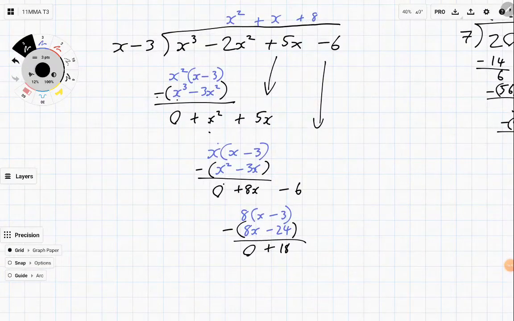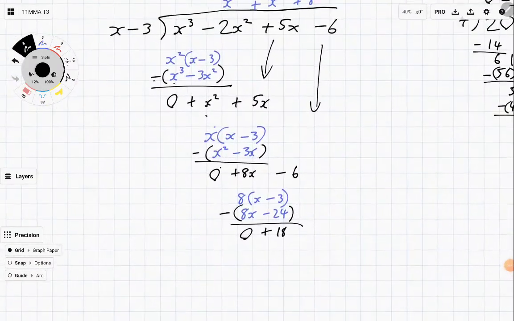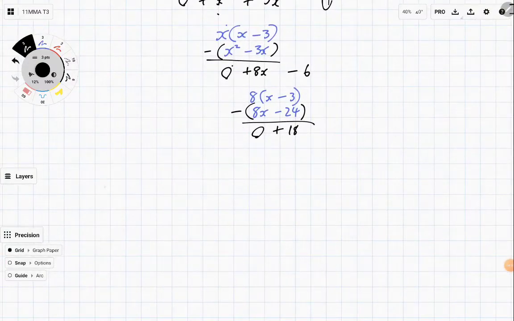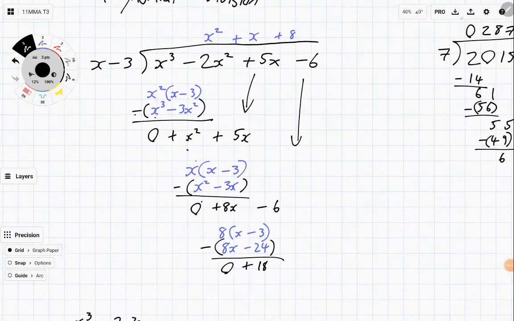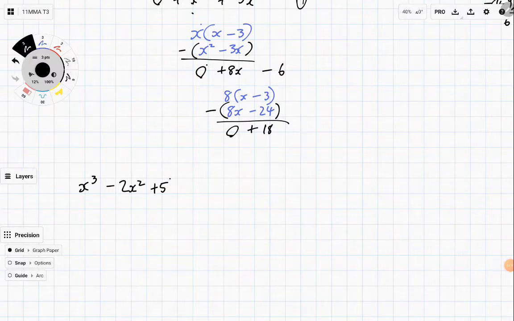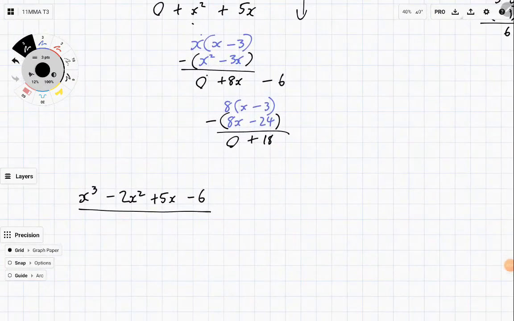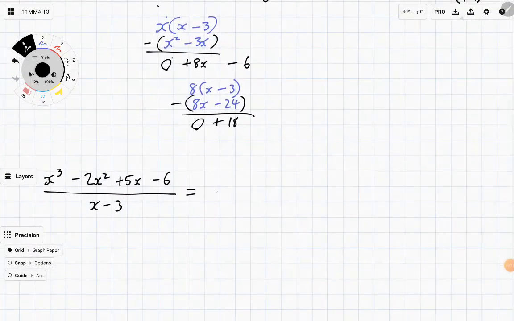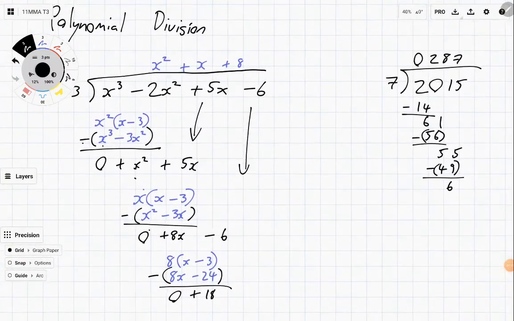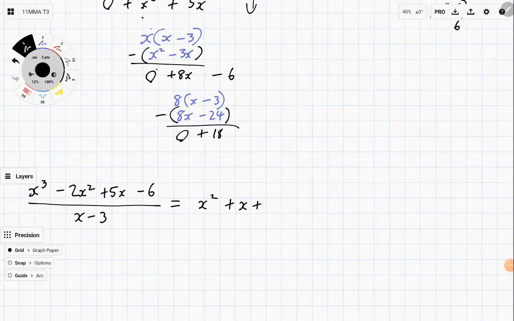Okay, so like what I did over here, I'm going to do the same thing. Therefore, when I do my division, x to the 3 minus 2x squared plus 5x minus 6 divided by x minus 3 is equal to my whole part, x squared plus x plus 8, plus the remainder.